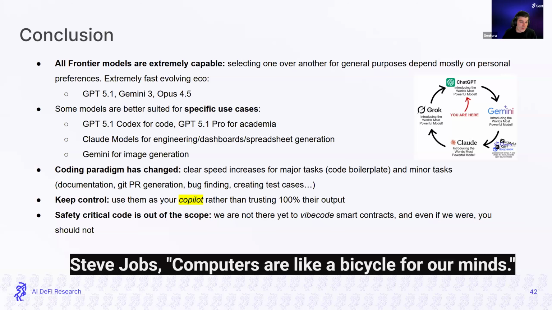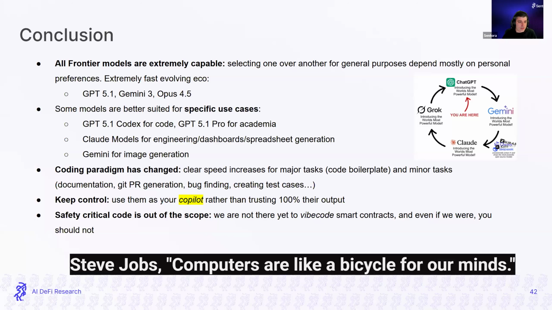We also have to understand that some models are very good for specific use cases. In this case, GPT 5.1 Codex is very good for code. GPT 5.1 Pro, I found, is very good more for academia, for papers, for example.